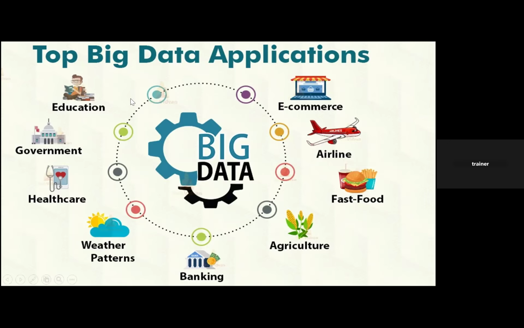Education, your data will be collected. E-commerce like Flipkart, eKart, DMart, along with Amazon, Netflix, whatever commerce websites or social media websites you take, the data will be collected. So for travel or food or agriculture, every way, every site, the data will be collected.